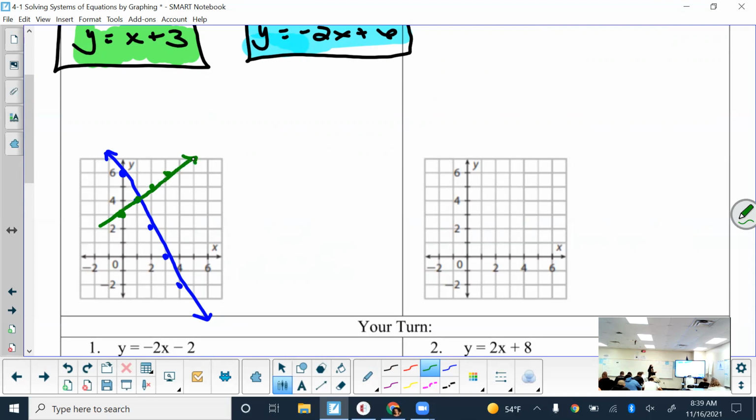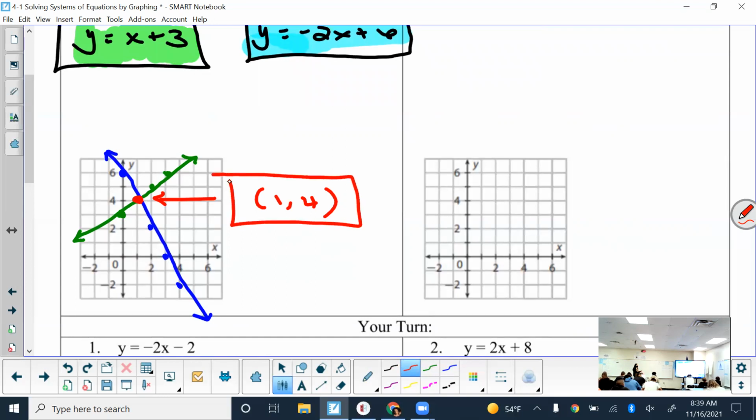All right, because I can clearly see where they intersect. Where do they intersect at? 1, 4. All right, so 1, 4 written in coordinate form is my solution. All right, so this over here is my final answer. Questions there?